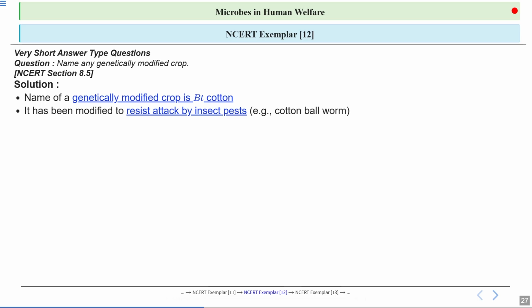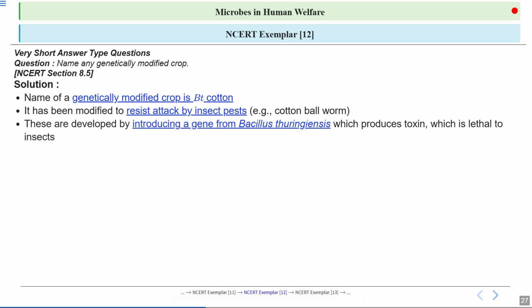So in BT cotton, what has been done, the BT gene from Bacillus thuringiensis has been introduced into the cotton. Okay, clear? Now when the insect feeds on this BT cotton, this toxin enters the insect's gut and it gets activated in the insect's gut due to alkaline conditions there, and it creates pores in the insect gut, and the insect ultimately dies.